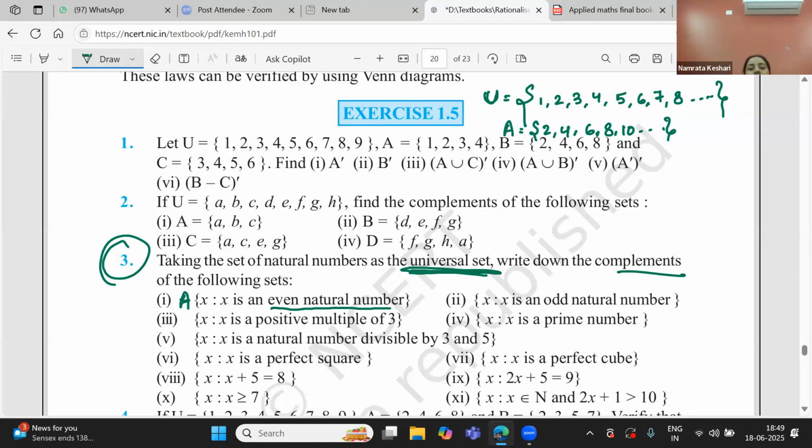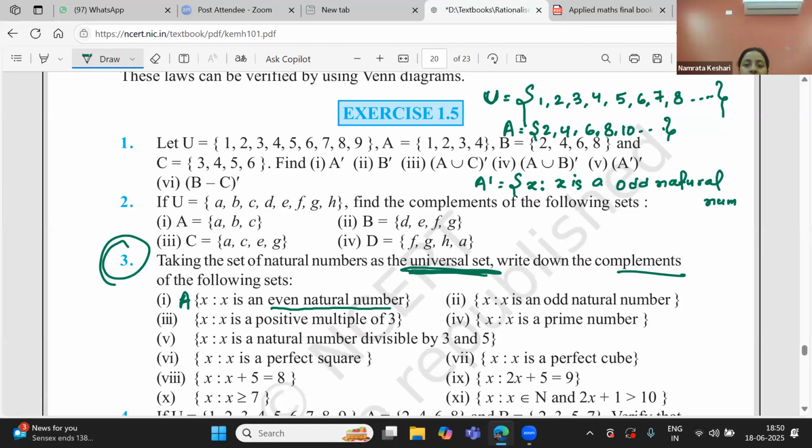That means you will be subtracting; you want to take everything except the elements which are in A. So these even numbers we don't want to take. What will be remaining? Can I say that A complement will be the set of all x such that x is an odd natural number?